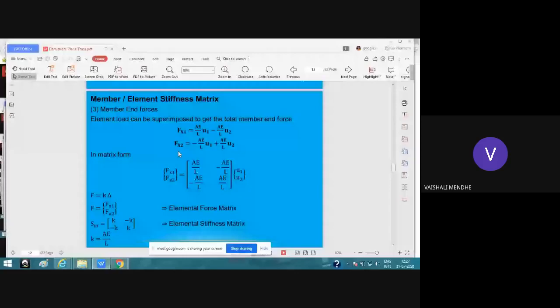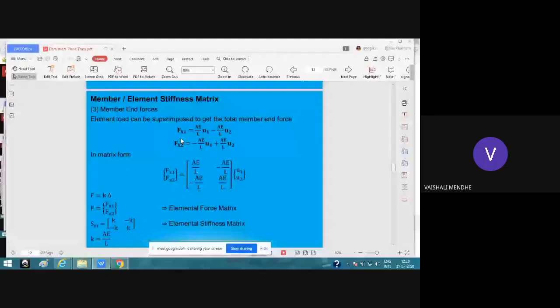Third will be the equation of member end forces, so that the elemental loads can be superimposed to get the total member end forces. So add Fx1 from equations 1, 2, 3, 4: Fx1 is equal to A by L U1 minus A by L U2.